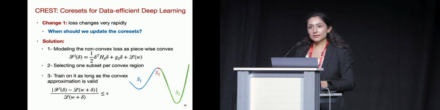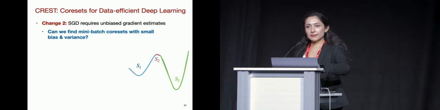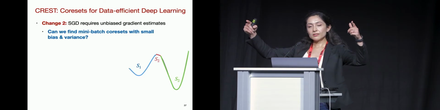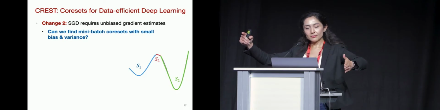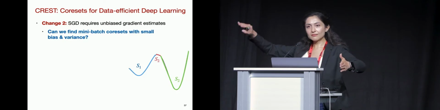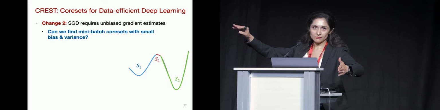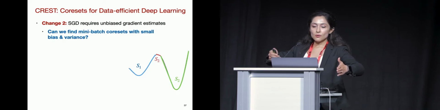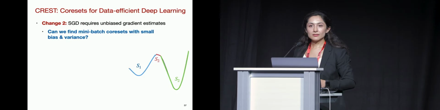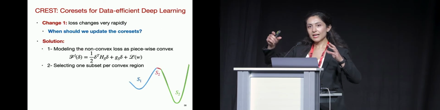So we do this, and we find one subset at the beginning of the blue region. Now, because this blue region is convex, we know that this subset is good as long as we are within this blue region. So we keep training on this subset, and we have to check.